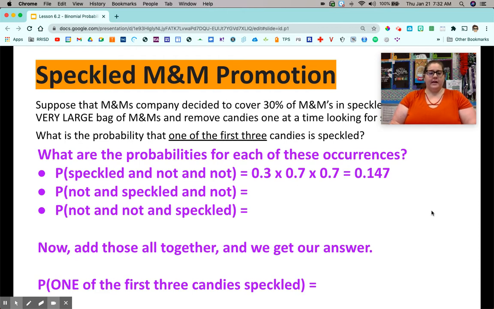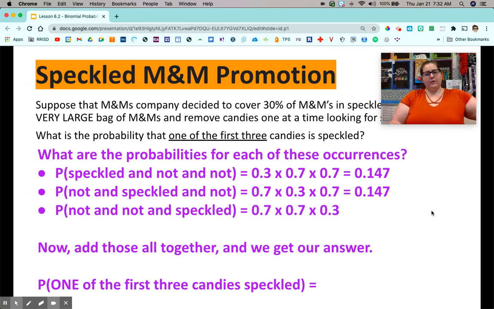For the second, not and speckled and not, would be 0.7, 0.3, 0.7, which is 0.147. And then not and not and speckled would be 0.7, 0.7, 0.3, which is also 0.147. We add those all together, 0.147 plus 0.147 plus 0.147, and we get our final answer, which is 0.441.